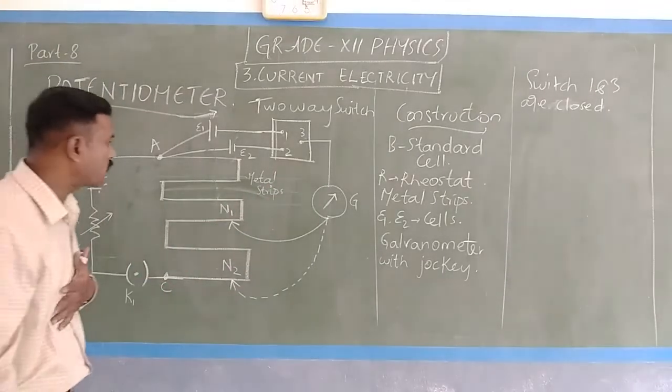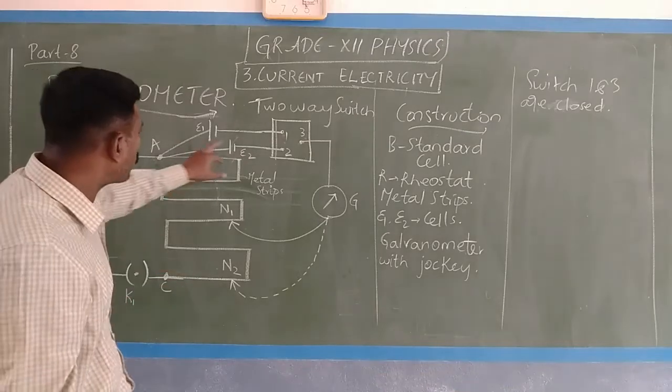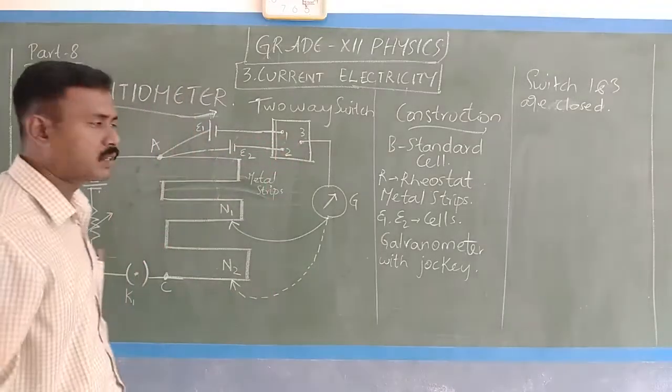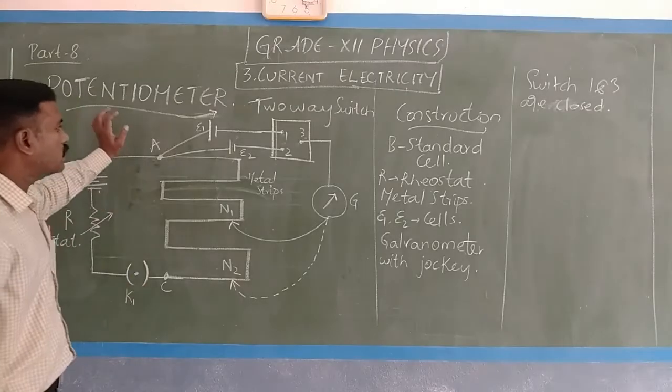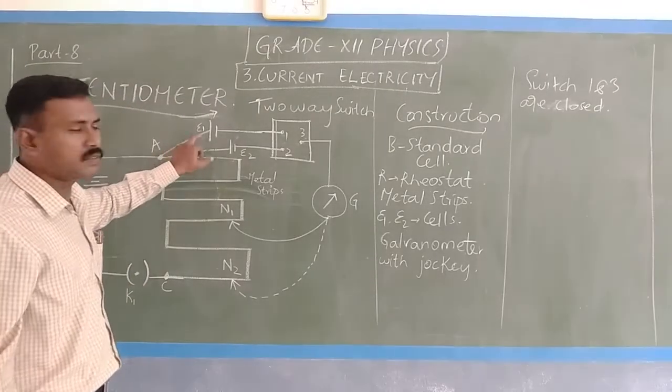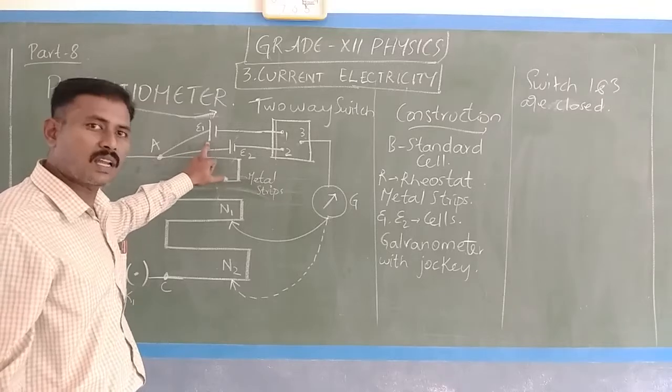Now if I close the switch 1 and 3, what happens is the current will flow from the cell.